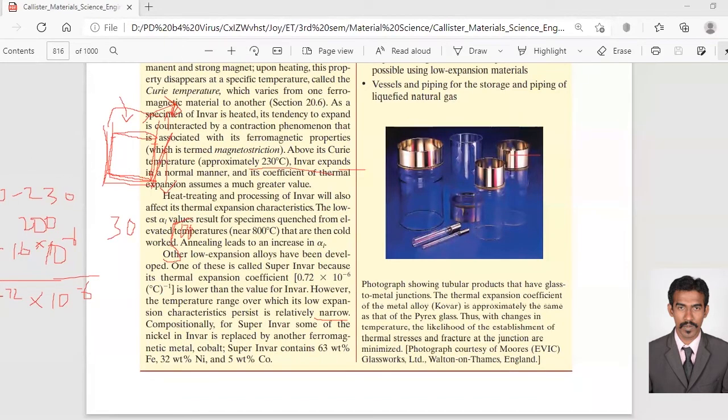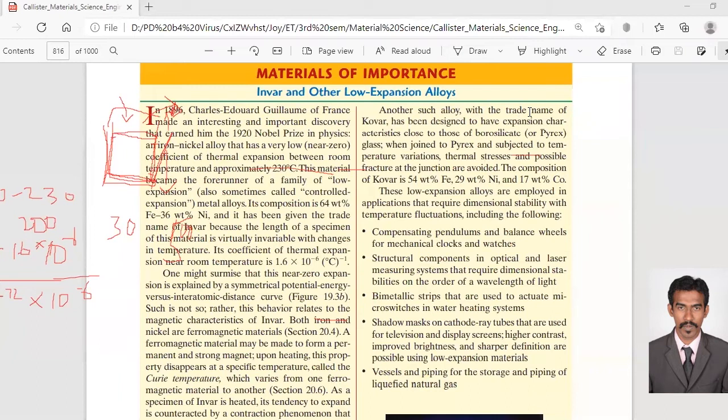So here we have another alloy with the trade name of Kovar. Kovar has been designed to have expansion characteristics close to that of borosilicate, a refractory material, as you already studied. For Pyrex glass, when joined to Pyrex and subjected to temperature variations, thermal stress and possible fracture at the junction are avoided.